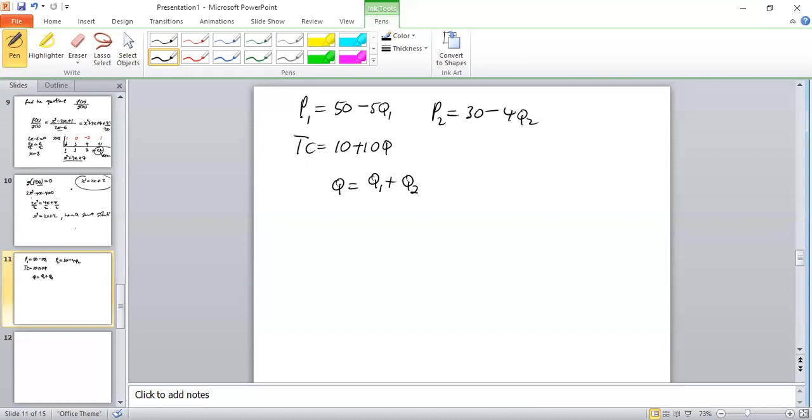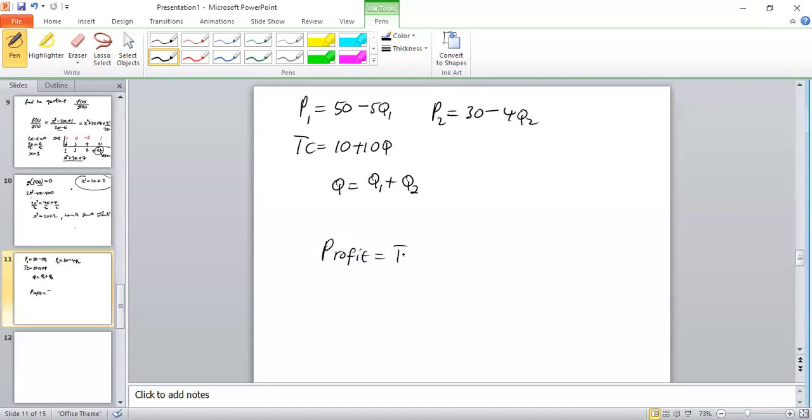Calculate the value of P1 and P2, which should be charged in each market to maximize the factory's profit. So profit, we know profit is given by what? What's the formula for profit?